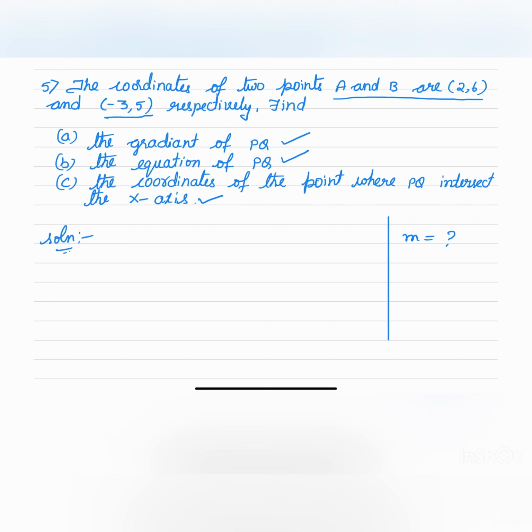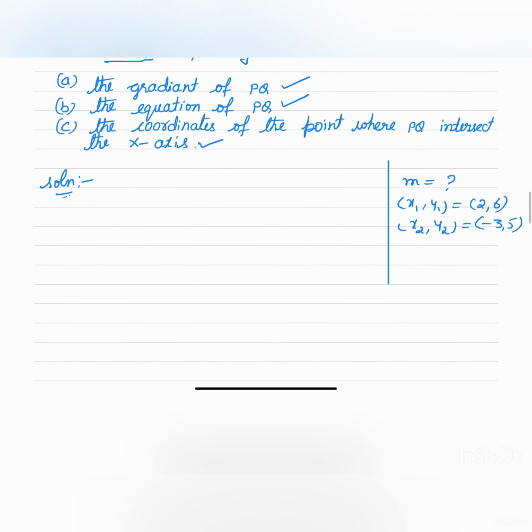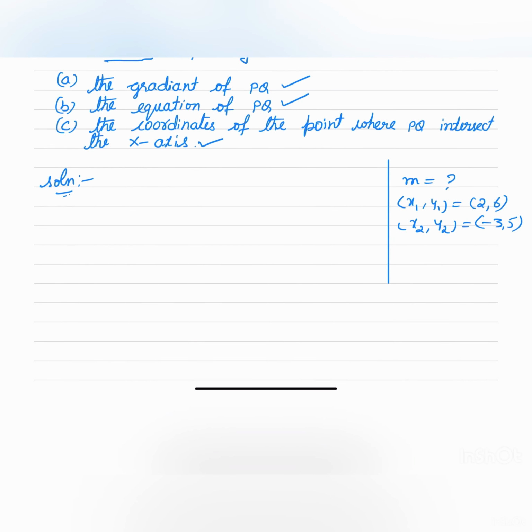Okay, we have the points here. Let us take x1 y1 is equal to 2, 6 and x2 y2 is equal to minus 3, 5. Let us start with the first, that is m. M is equal to, the slope formula here is y2 minus y1 divided by x2 minus x1.